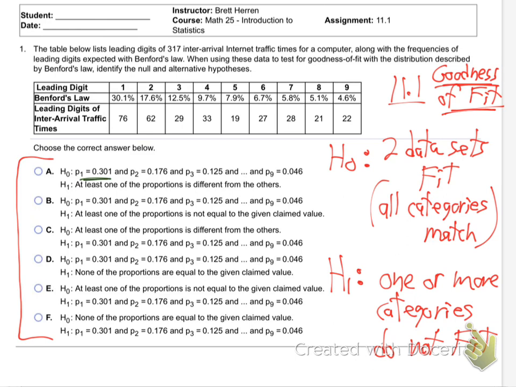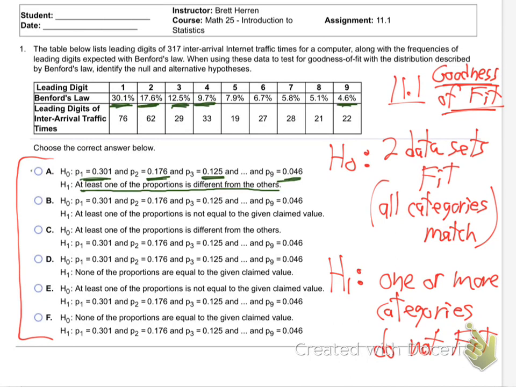So probability 1 is supposed to be 30.1. That looks good. Set 0.176 looks good. P3, 12.5, looks good. P9 is 0.046, looks good. And H1 is at least one of the proportions is different from the others. Yeah, that looks good to me.